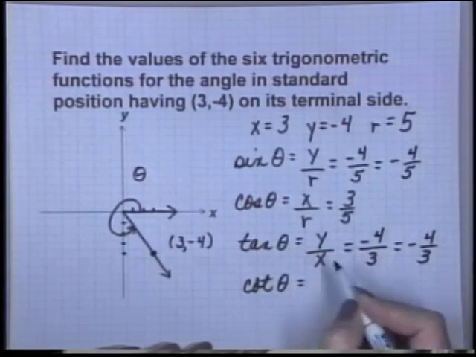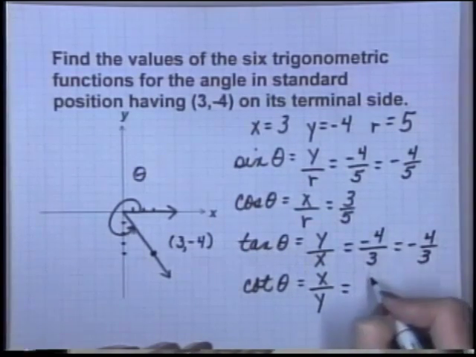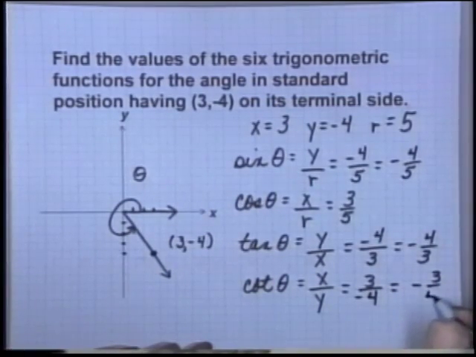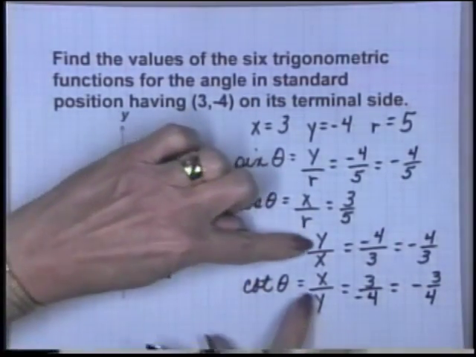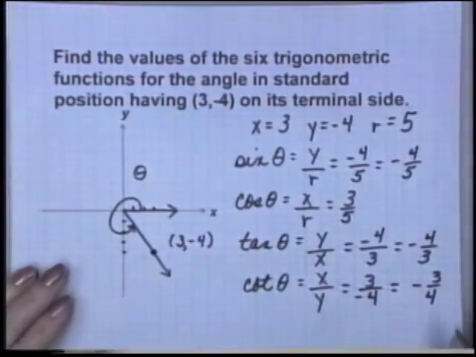The cotangent of theta is x divided by y. That is 3 divided by -4, which is -3/4. And notice our reciprocal relationships there.